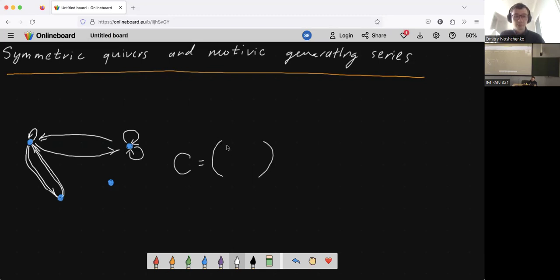This is for today. And here, for example, you can put 0, 0, 0, 1, and 2. Then you put accordingly the number of arrows. For example, if this is the number 1, this is number 2.